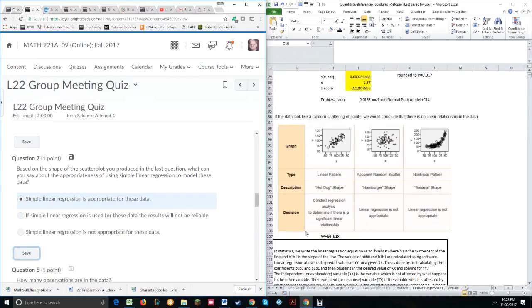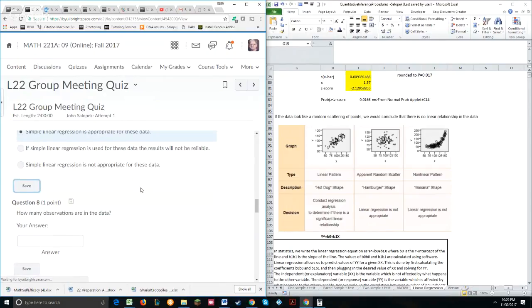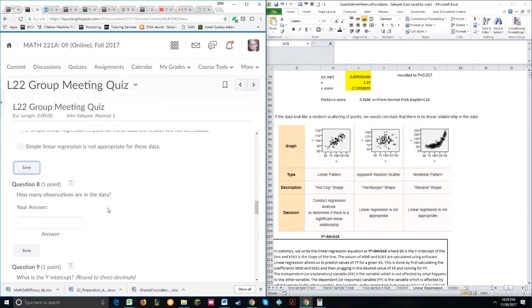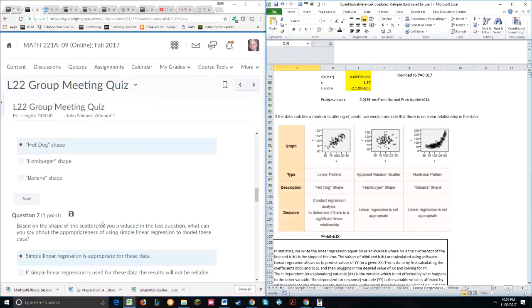Me too. It's because it says here, conduct the research to determine if there is a linear relationship. The other ones say not appropriate, issues other in the data.